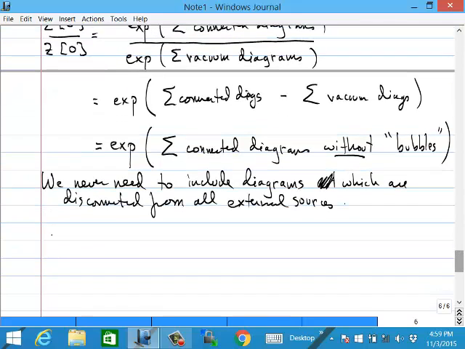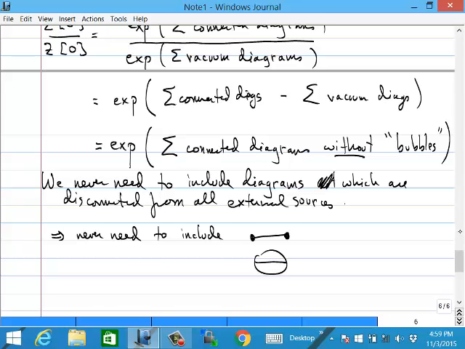For example, if we were computing our two-point function in phi cubed theory, we never need to include something like that diagram. Because if you were to include that diagram, it will just drop out at the end of the day when you normalize the vacuum state appropriately.